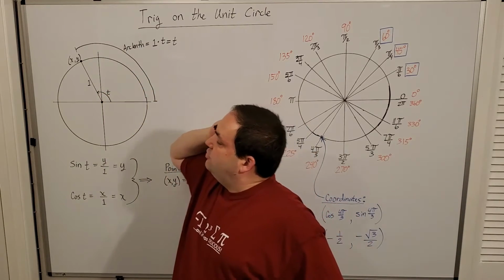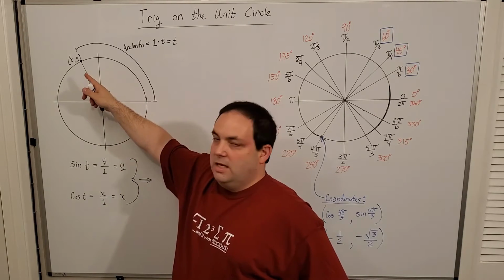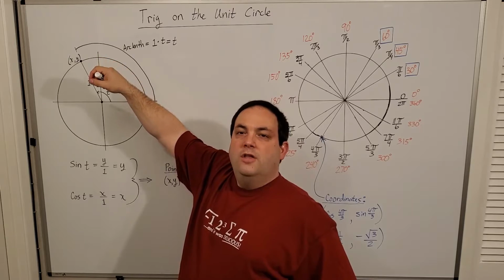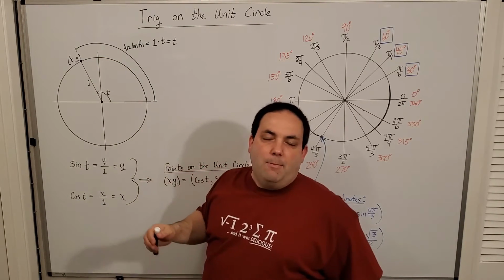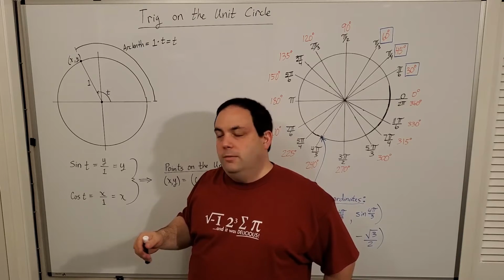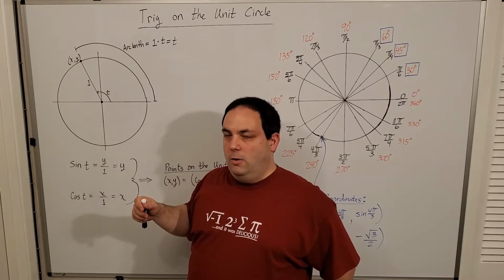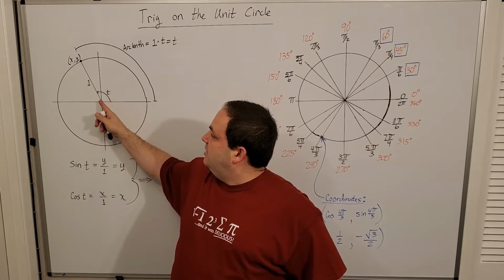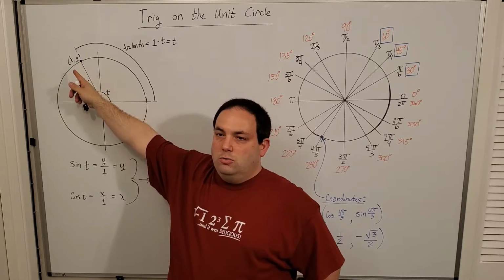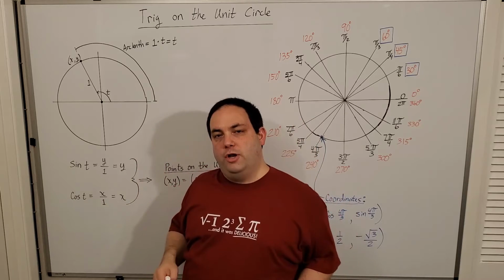But the extra caveat that I'm throwing in here is the point that I'm picking is physically on the unit circle. So what that guarantees is that my R is going to be 1. If I have an angle, and I'm calling it T here now, the radius from the center out to the circle is a distance of 1. And that's going to count as my R here.